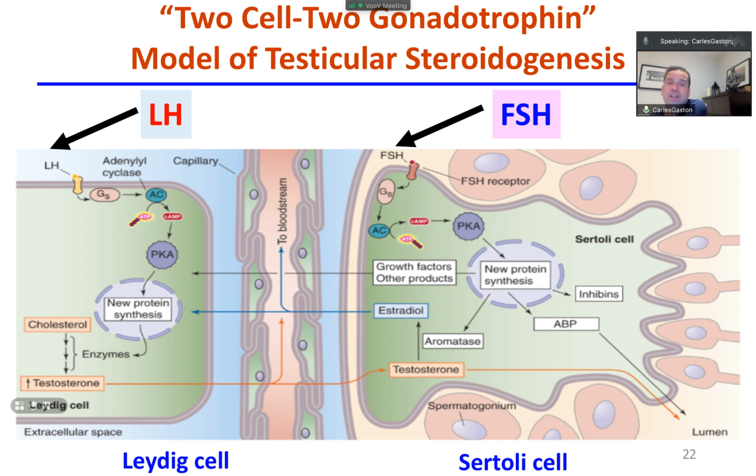So the FSH will bind to the receptor, produces cyclic AMP and PKA, which go into the nucleus and start producing the enzymes required for the production of the spermatid and the spermatozoa. As you can see here, it produces inhibin, ABP, and also aromatase, which converts testosterone into estradiol. And this allows the development of the spermatozoa.